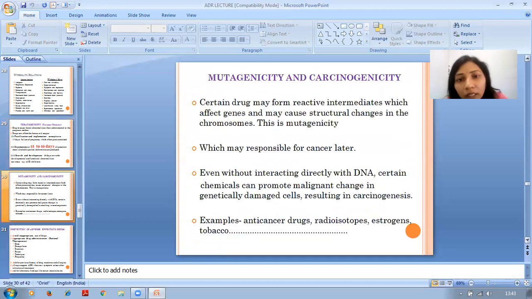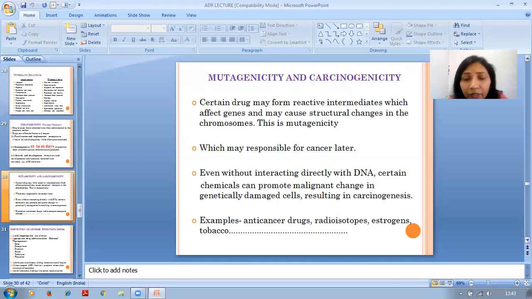Then mutagenicity and carcinogenicity. Certain drugs may form reactive intermediates which affect genes and may cause structural changes in chromosomes. This is mutagenicity. There are different types of drugs or chemicals that form a reactive substance which affects the gene and causes structural changes, and later they can cause cancer.